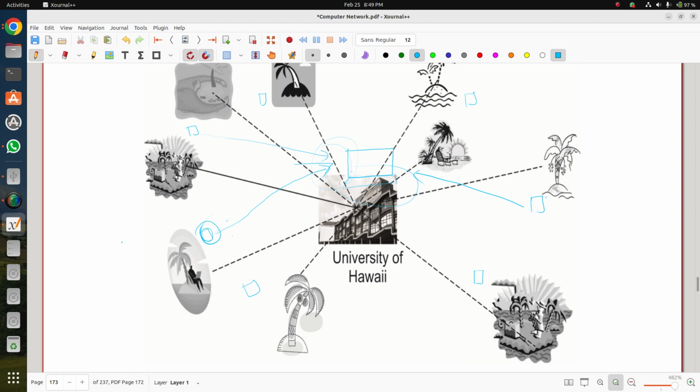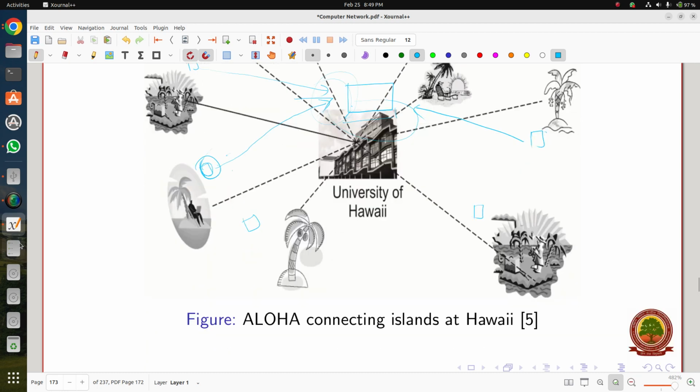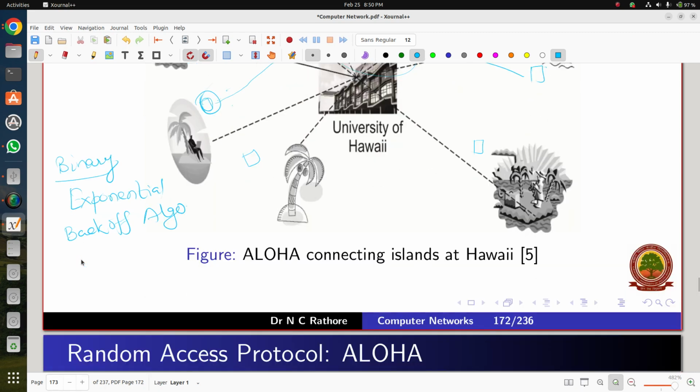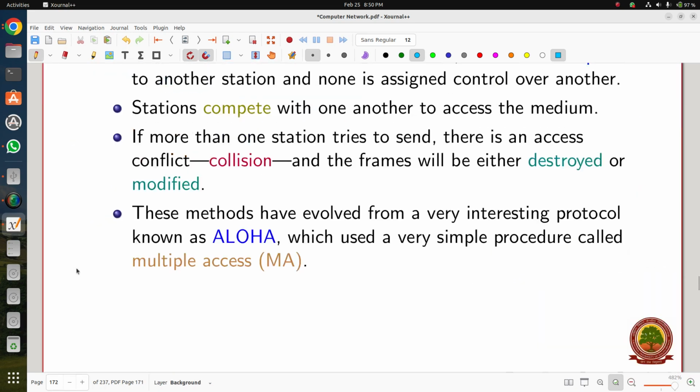The stations that are participating in the collision will follow an algorithm called the exponential backoff algorithm. Sorry, it is called the binary exponential backoff algorithm. Let me explain briefly what it says.